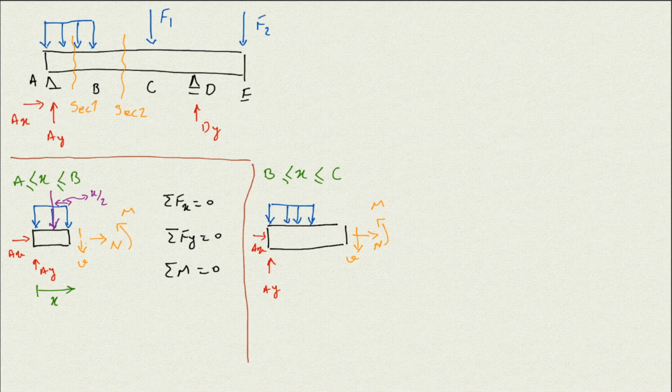This is point A, here is point B, and between B and C is where we cut through, and that's where we called it X. X starts from the beginning and goes to the section, and there we write again sigma Fx, sigma Fy, sigma M equals 0, and find these internal forces for that section.